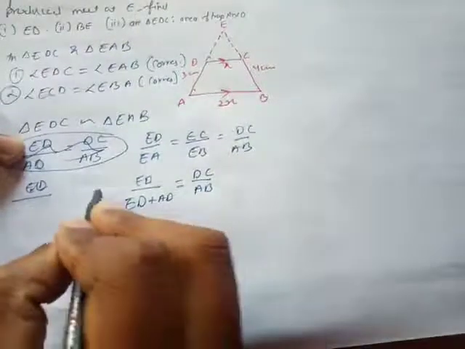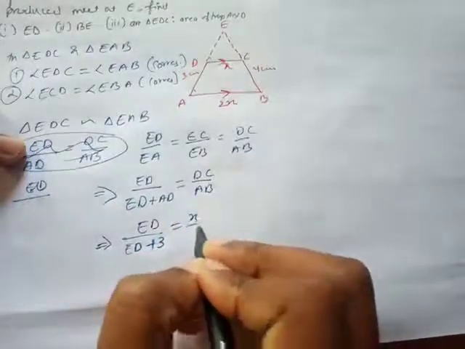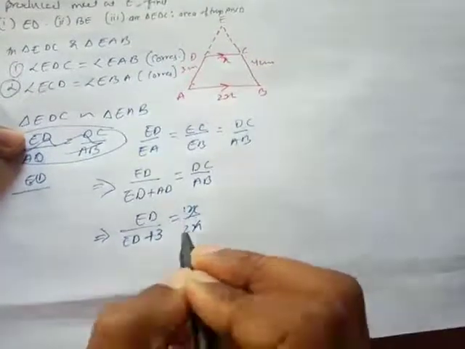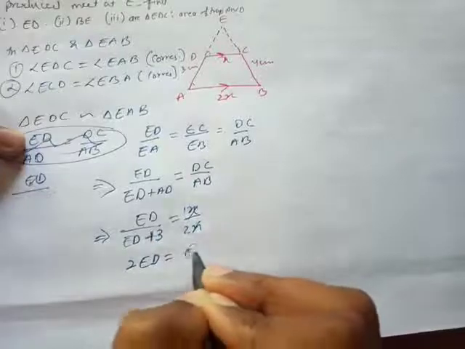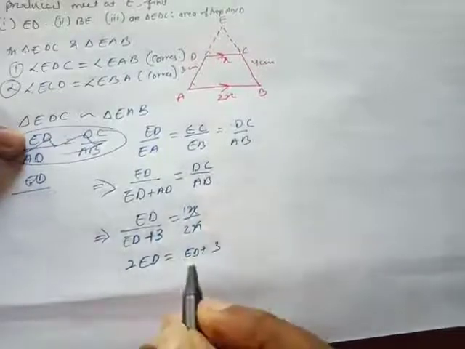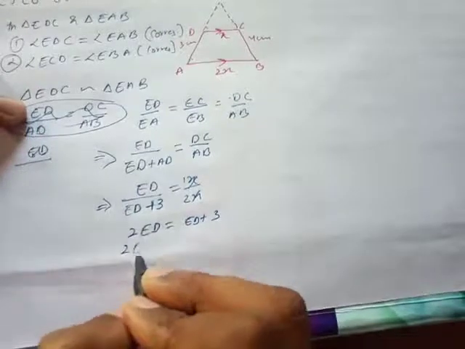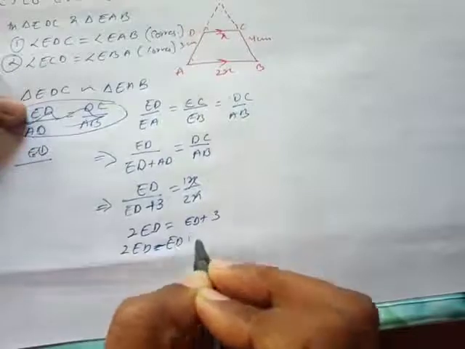If you have any problem, you guys can ask me. So ED upon ED plus 3 equals DC, which is x, upon AB, which is 2x. The x can be cancelled, so 1 is left. So 2ED equals ED plus 3. Now ED goes to that side and the like terms come together, so 2ED minus ED equals 3.